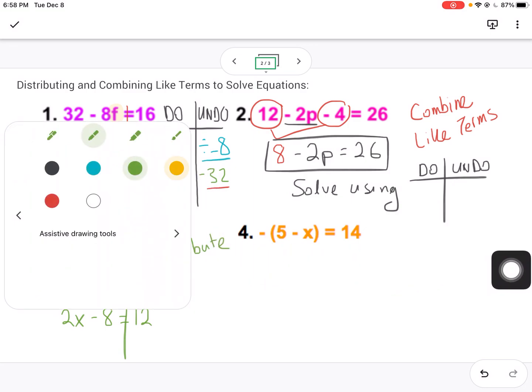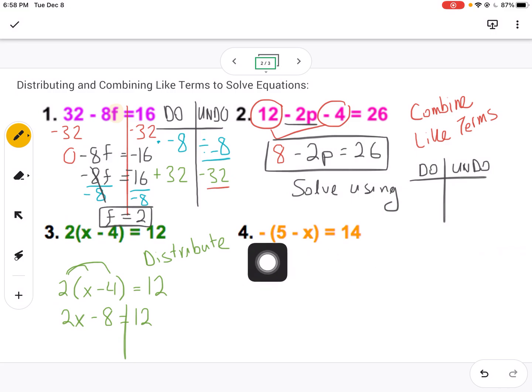Same for this problem. If we don't have a number here, remember, we can put a 1 there. Then distribute. -1 times 5 is -5. -1 times -x is positive x. For this problem, this is actually a one-step equation. We have x by itself with -5 and 14.